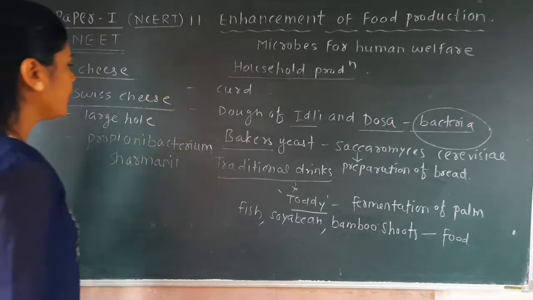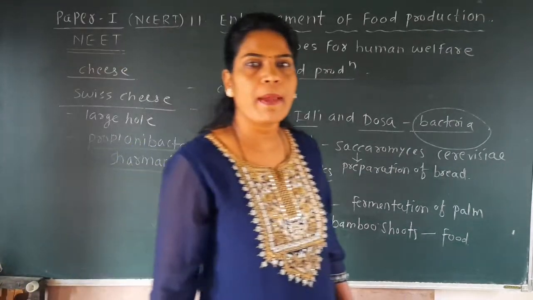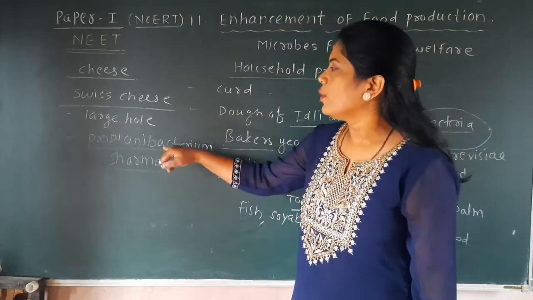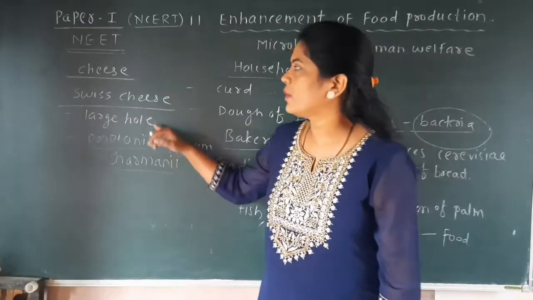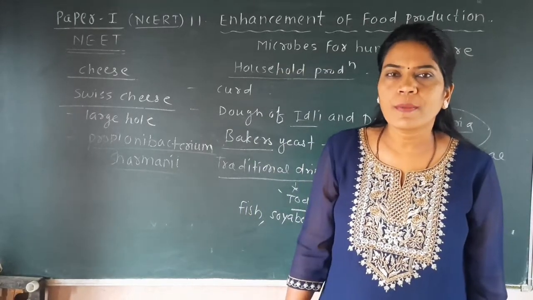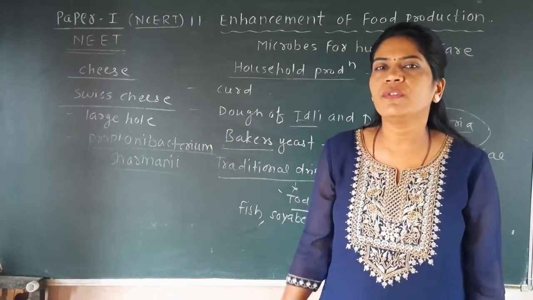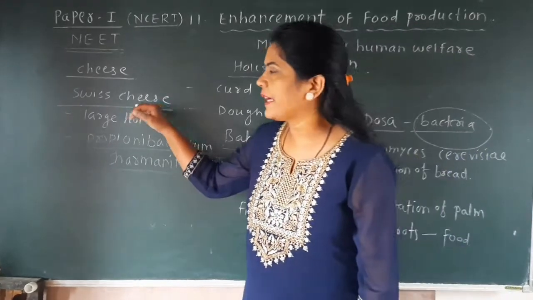Here it is very important that you remember the name of that bacterium, Propionibacterium sharmanii. This bacterium is responsible for production of the large hole in Swiss cheese. The question will be asked as: the large hole in the cheese due to CO2 production, name of that cheese.